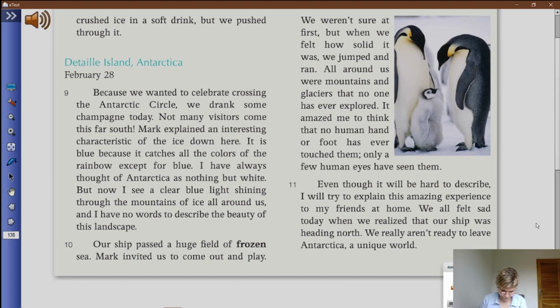Only a few human eyes have seen them. Even though it will be hard to describe, I will try to explain this amazing experience to my friends at home. We all felt sad today when we realized that our ship was heading north. We really aren't ready to leave Antarctica, a unique world.